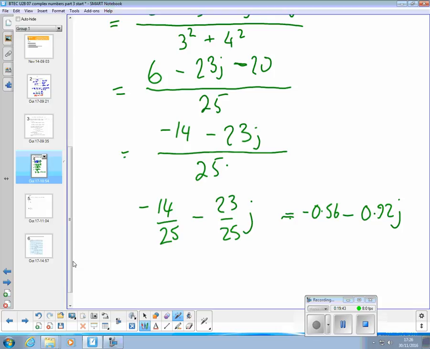So you can't, although you're showing them as a fraction, you can't add them together. And just because they're over 25, if you do that, you're ignoring the j. And you can't do that. So those two parts must remain separate, because this is your real part, a number, yeah, but this is the imaginary part.